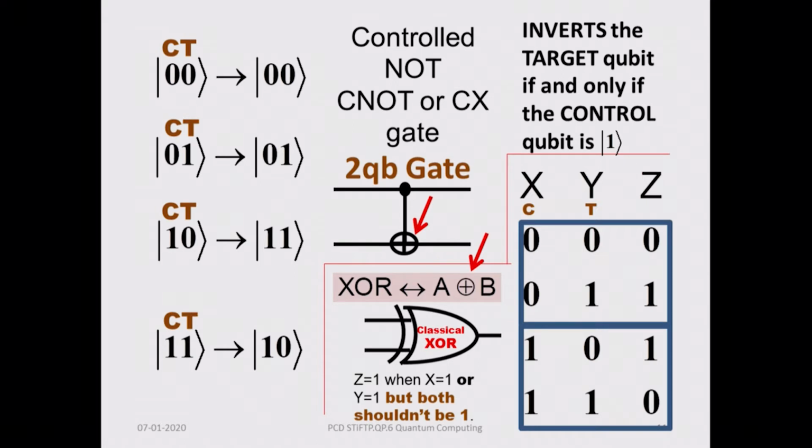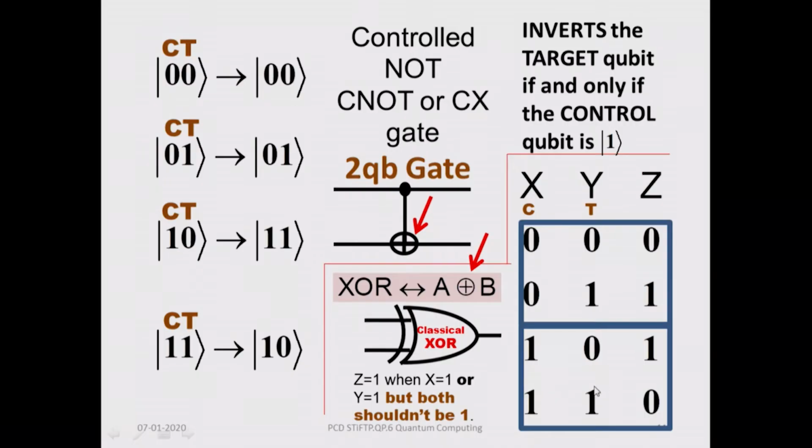If you identify, you have got 2 inputs x and y, and if you identify x with the control qubit and y with the target qubit, you will see that the target is undergoing a change, in fact an inversion, only when the control is 1, whereas when the control is 0, the target remains the same as the y input.